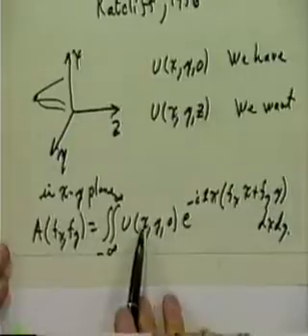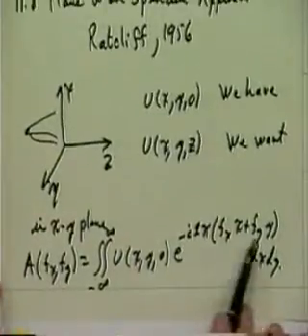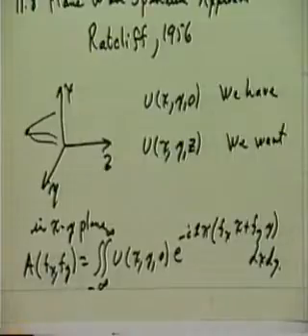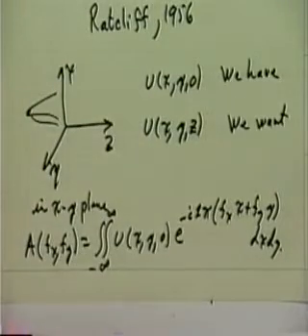Okay, so we have the disturbance here, we know. We're going to calculate the Fourier transform of that disturbance, and we get A. Now, we also know that we could do an inverse Fourier transform.